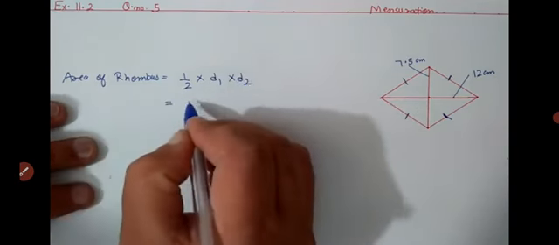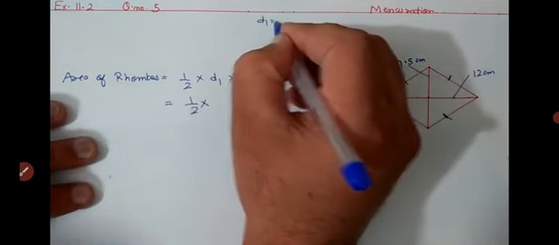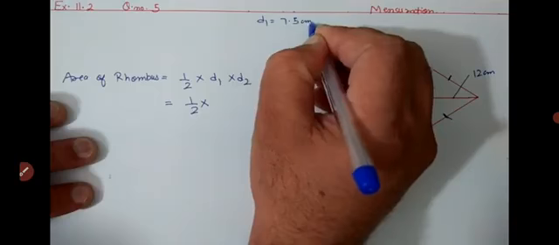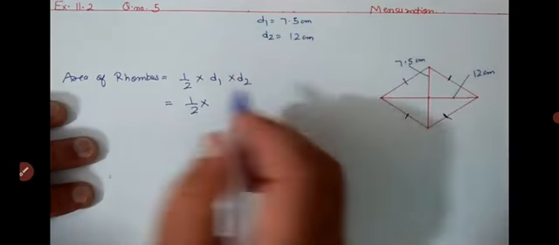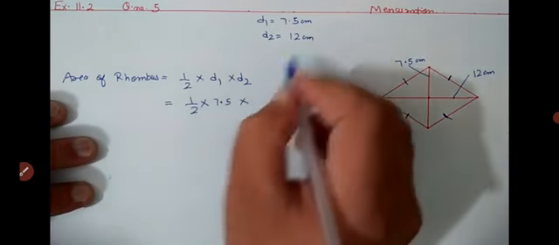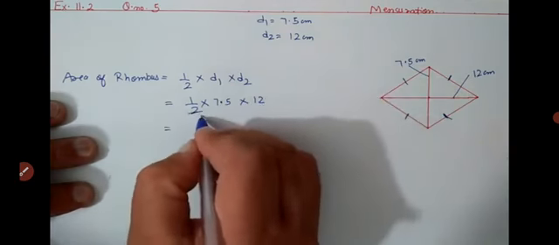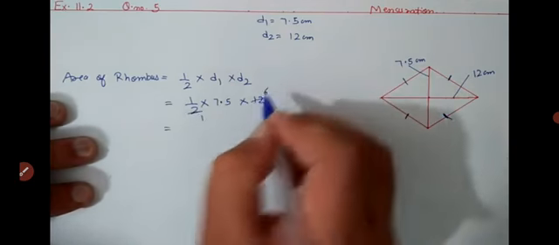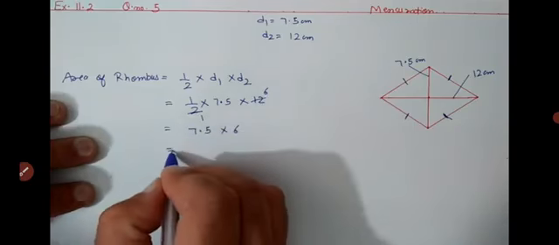Okay, so you can find 1 by 2 into 7.5, d1 is equal to 7.5 centimeter and d2 is equal to 12 centimeter. So write it 7.5 centimeter into 12 centimeter, and cut it down. 2 1s are 2, 2 6s are 12. Okay, 7.5 into 6, multiply it.